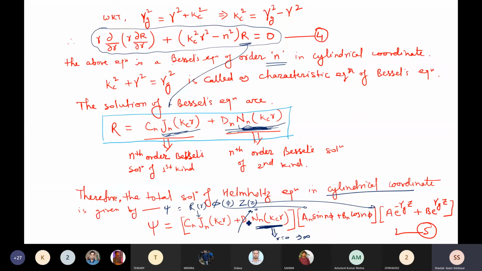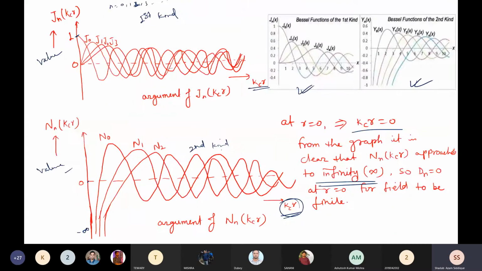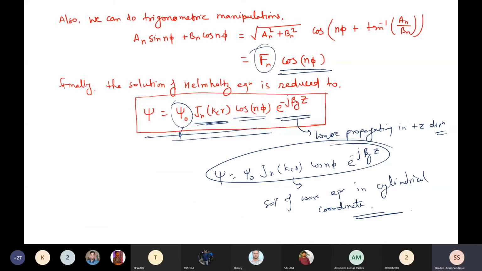So we substitute Dn equal to 0 and get only the first kind, Cn Jn(kc r), with a trigonometric variation, cos n phi, and the propagation is in the positive z direction, so we take only that. This is the solution for the Helmholtz equation.